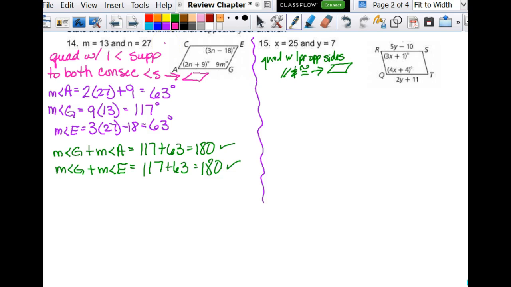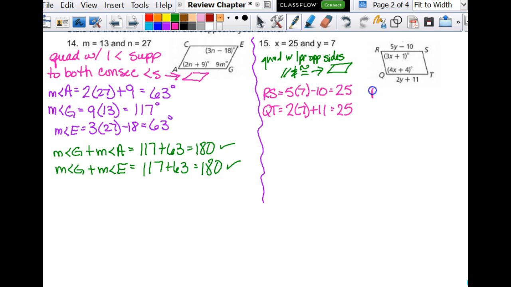So we'll start with the opposite sides. The length of RS is equal to 5 times 7 minus 10. So that's 35 minus 10, which is 25. The length of QT is 2 times 7 plus 11. So that's 14 plus 11, which is going to give me 25.